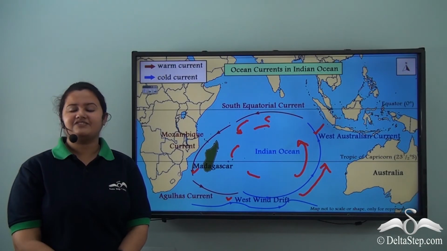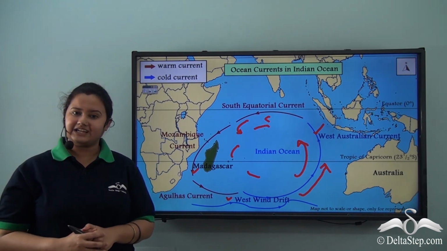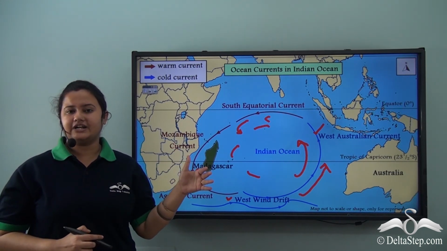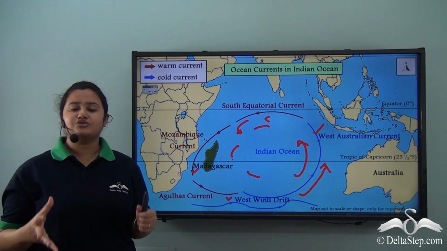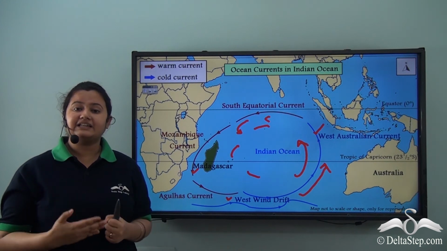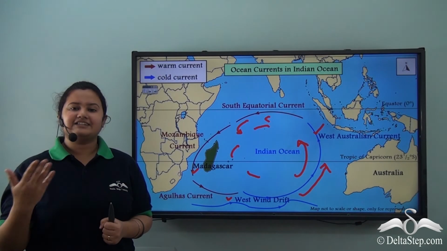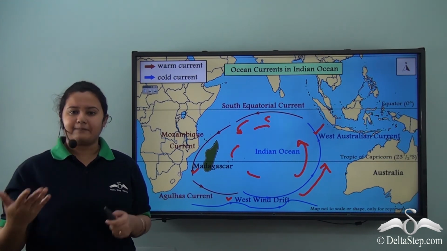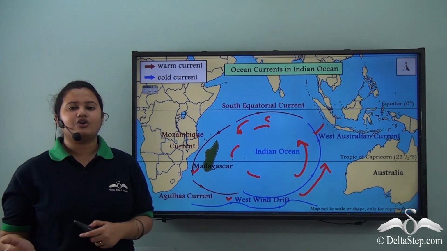So, today we have studied about the complete circulation of ocean currents in the Indian Ocean. Firstly, we have studied about the northern part. We saw that in the northern part, the monsoon winds are very dominant and they influence the movement of ocean currents. In the southern part, the monsoon currents are absent and therefore the ocean currents follow anti-clockwise pattern.